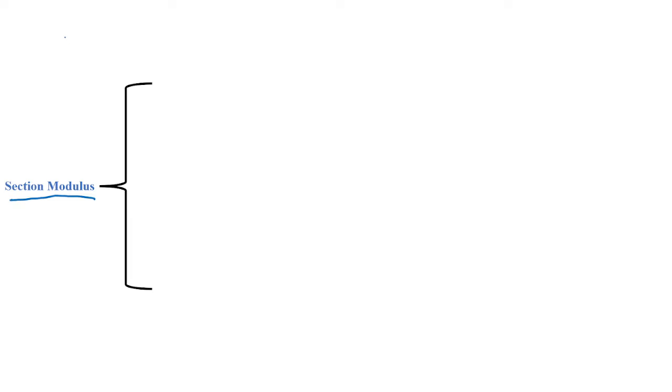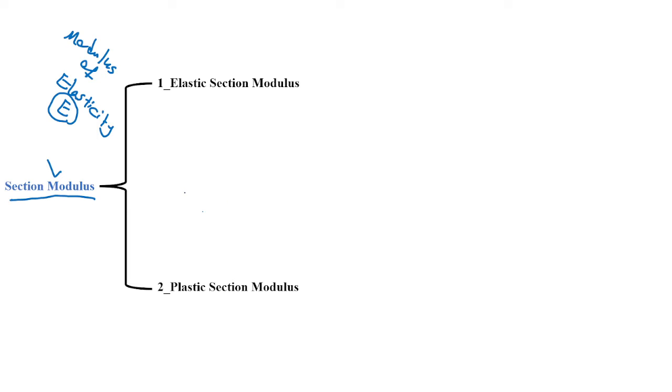So we do have the modulus of elasticity. We show that by E, and we have another definition, the section modulus, and it goes by two main categories: when the section is in the elastic domain, and the other one is the plastic section modulus.